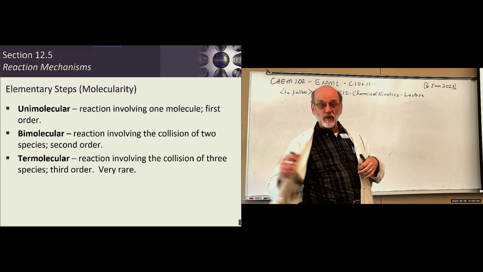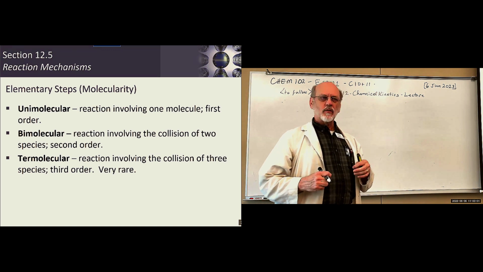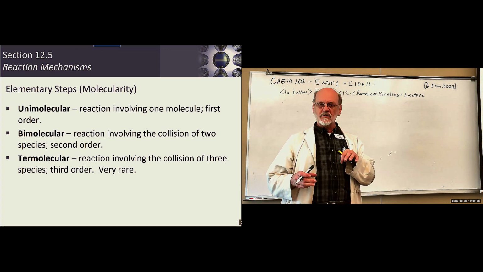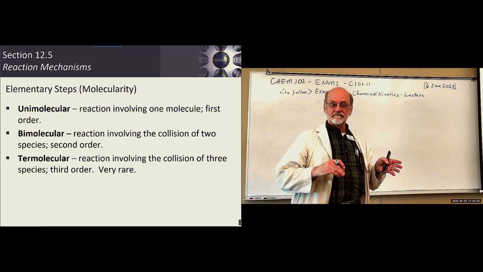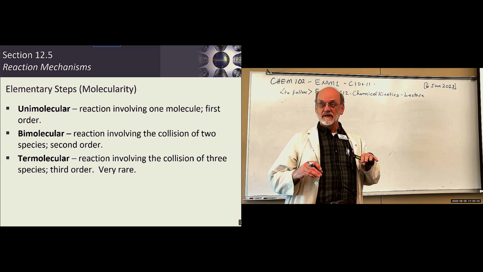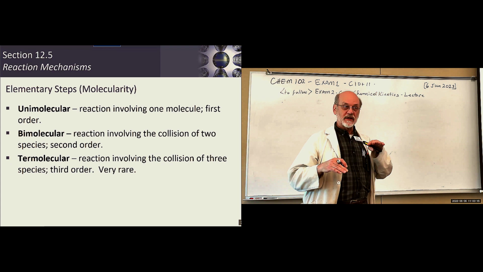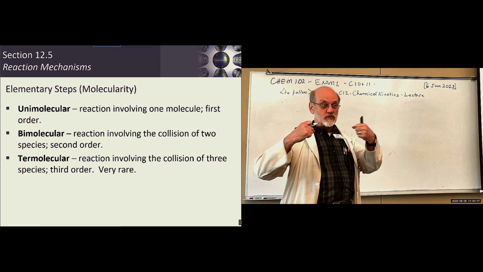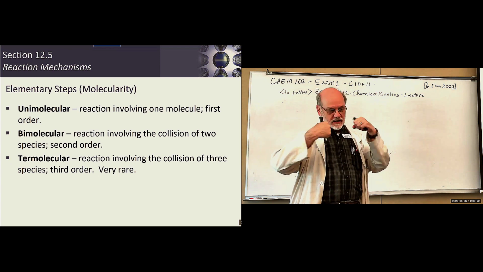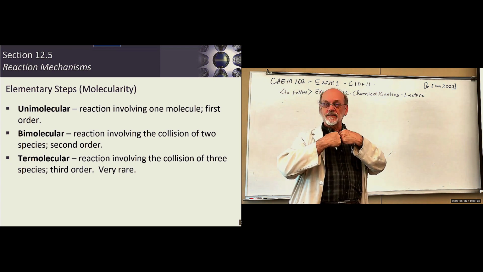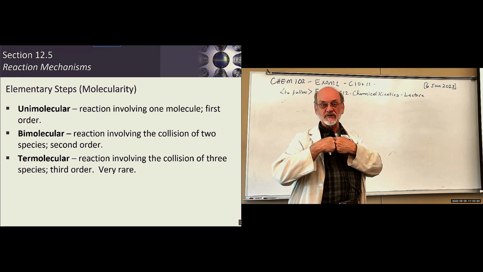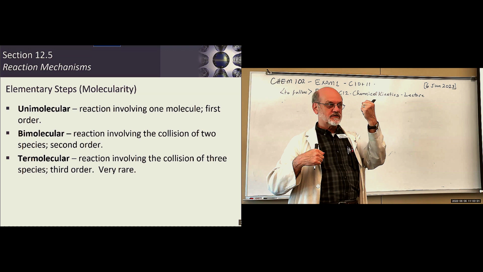Those elementary steps, both of them were bimolecular. Now, what's the probability of bimolecular relative to unimolecular? The probability of bimolecular is less, as a general rule, than unimolecular, because you've got to get those two players together at the right energy and the right orientation so that their reaction will occur. And the probability of that is much less than if you only have one player that just has to go.